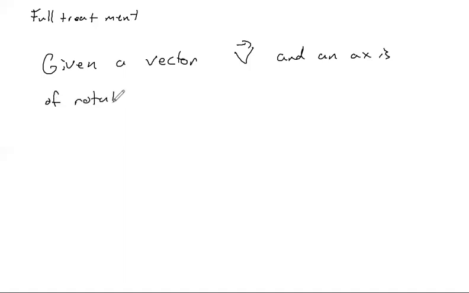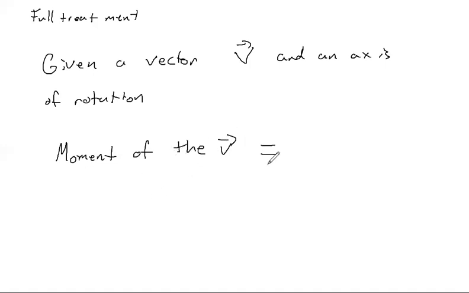Okay, let's go through the full treatment. So given a vector field, or just a vector, I don't know, let's call it V, and an axis of rotation, we can define the moment of the vector field V, lots of words, is defined to be, I don't really have a good symbol in general for this, so I'm just going to leave it like that.